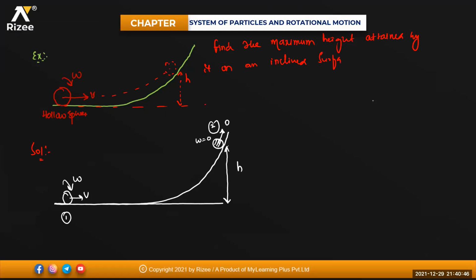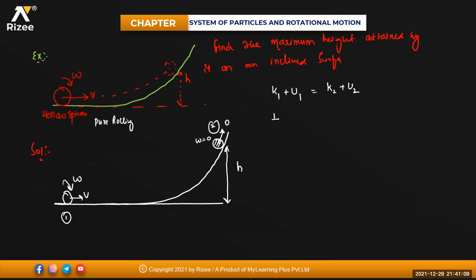That means I can apply energy conservation at point 1 and point 2, and as it is pure rolling, VCM must be equal to how much? R omega. That means kinetic energy at the first position plus potential energy at the first position must be equal to K2 plus U2.